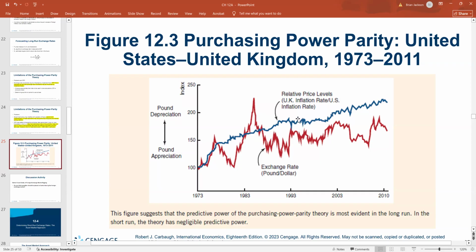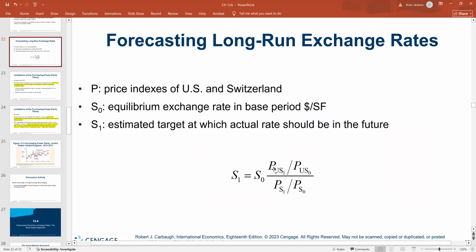But what we have here is this line suggests that the pound should be depreciating here, when in fact this line right here kind of suggests that it's the dollar that's depreciating. But then it turns back up in here. At any rate, I'll just say that some of these aberrations, and you see it again here, has to do with the fact that investors are looking at more than simply a differential in inflation rates between the two countries.